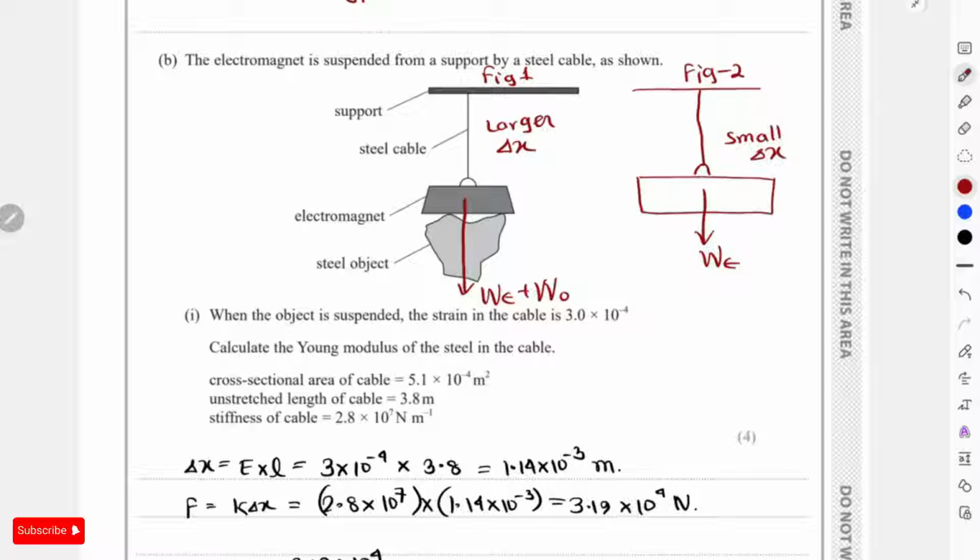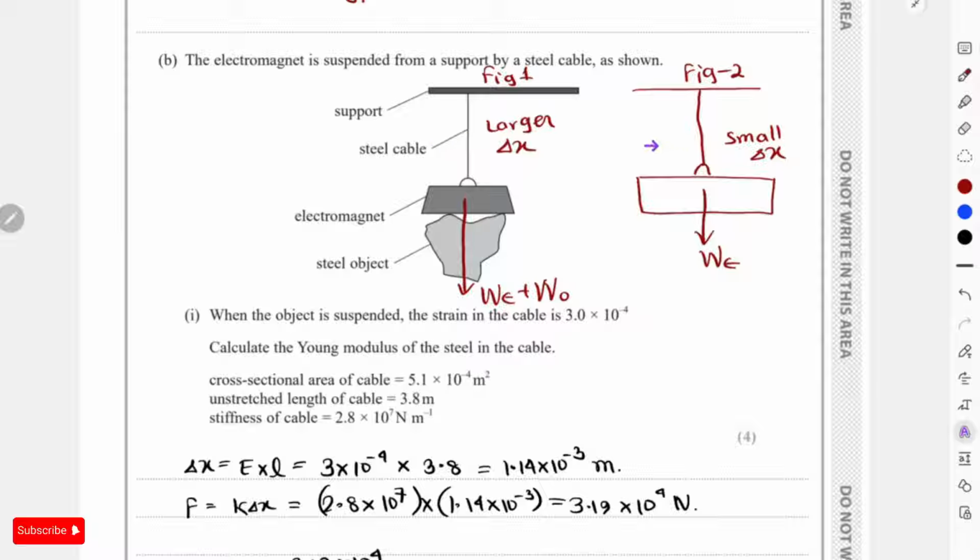And this smaller extension is actually considered as the change in height for your gravitational forces of the elastic strain energy. Now, in this case also, even when this object was not connected with your electromagnet, this change in extension was also causing this steel cable to go under elastic strain energy, right? So over here, the object was just going under elastic strain energy.